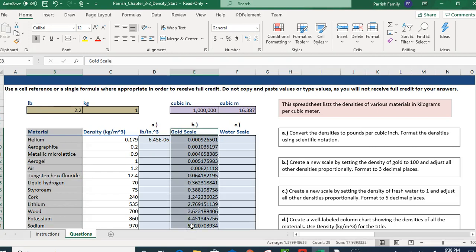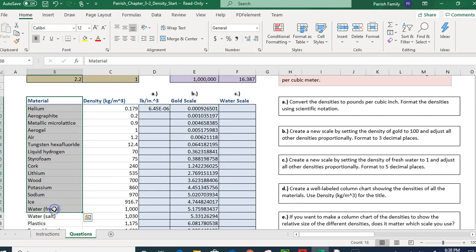So notice what I did there is I held down the control key. I highlighted material from material down, and then I hold the control button on my keyboard and I highlight this, and I can highlight 2 different columns that are not adjacent, and I can create a clustered column chart with that information.